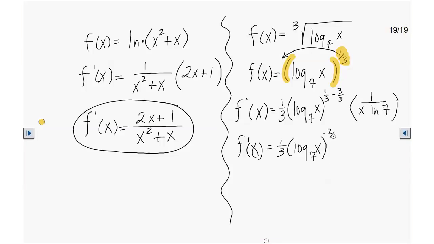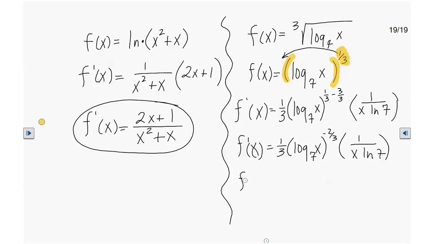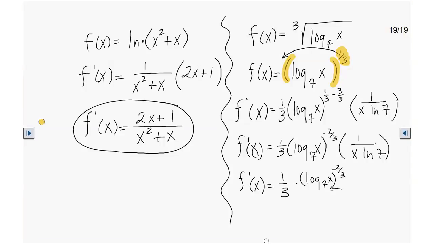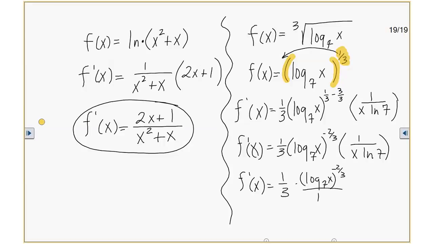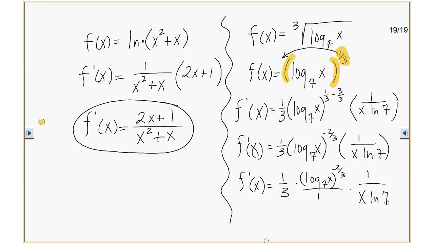Negative 2/3 times 1 over x natural log of 7. And again, just to make sure you can do it without getting confused, 1 over 3 times log base 7 of x to the negative 2/3 over 1 times 1 over x log 7.